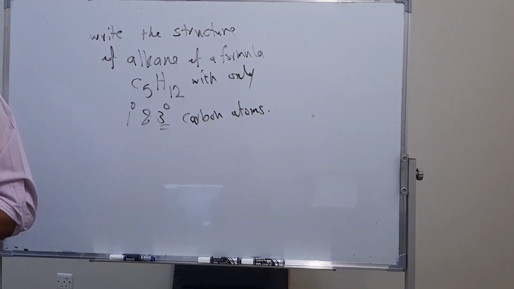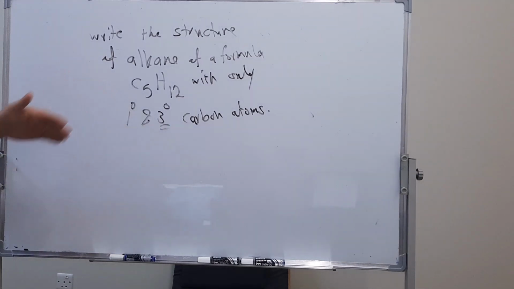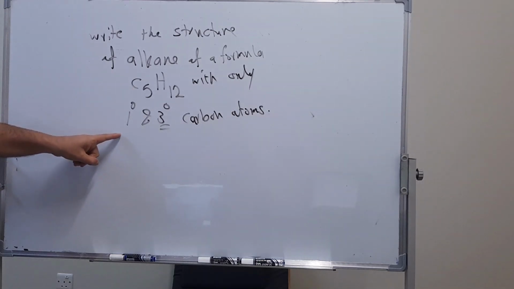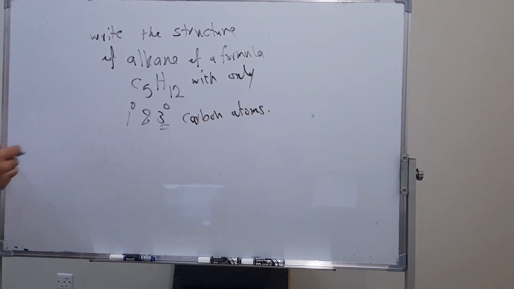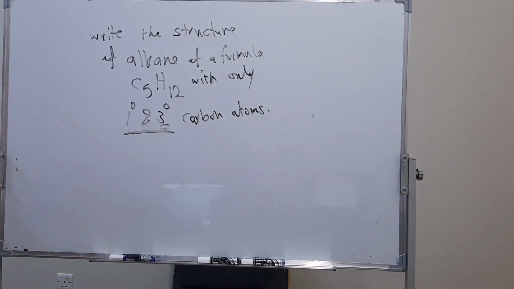We need to draw the structure of a saturated alkane with a formula of C5H12. Now the condition here of the isomer, because as you have seen in the previous lecture, we may draw different structural isomers of this formula, but we need the isomer which fulfills this condition, that carbons must be only primary and tertiary. Nothing.